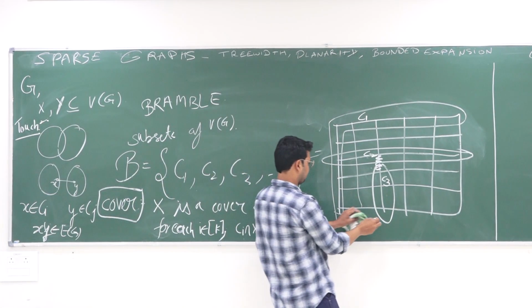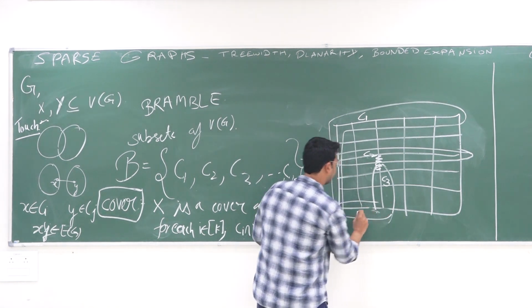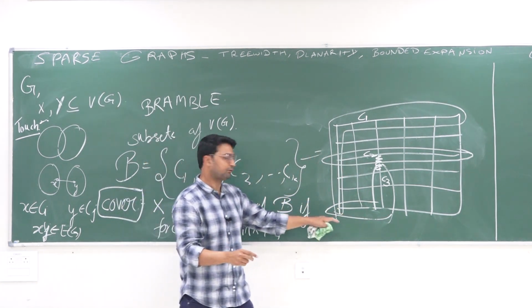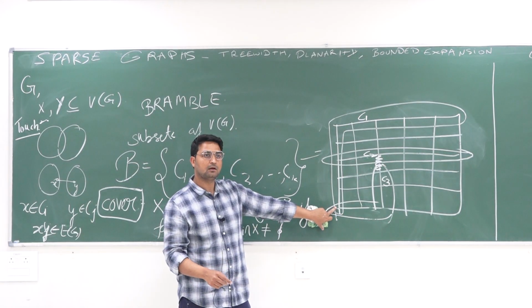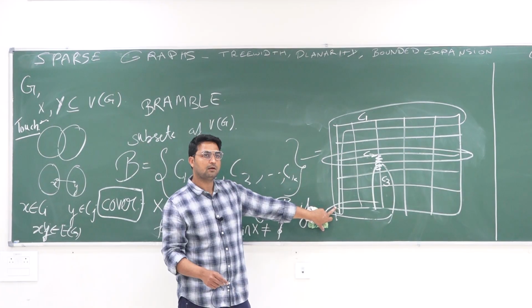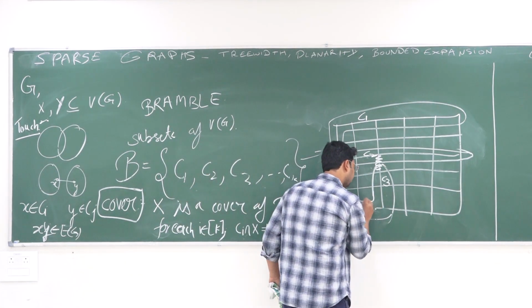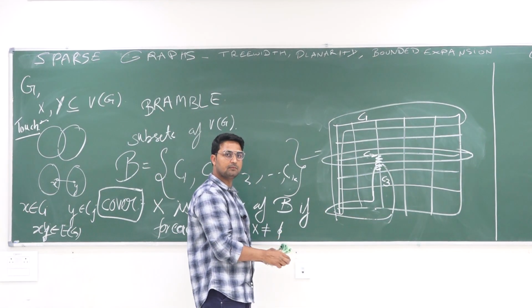Sorry. No, they need to touch each other. It was wrong before. These are touching. No, they are touching here. Now you can take only one vertex also. I increase C3. If you do not increase, it is not a Bramble.